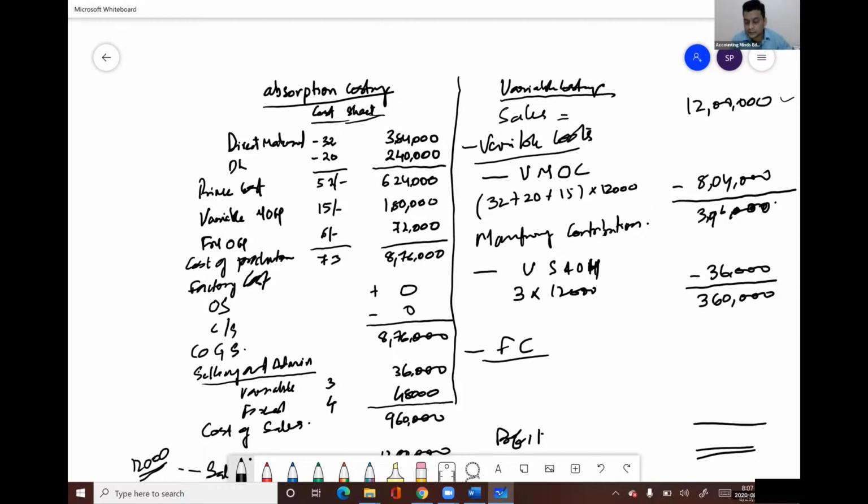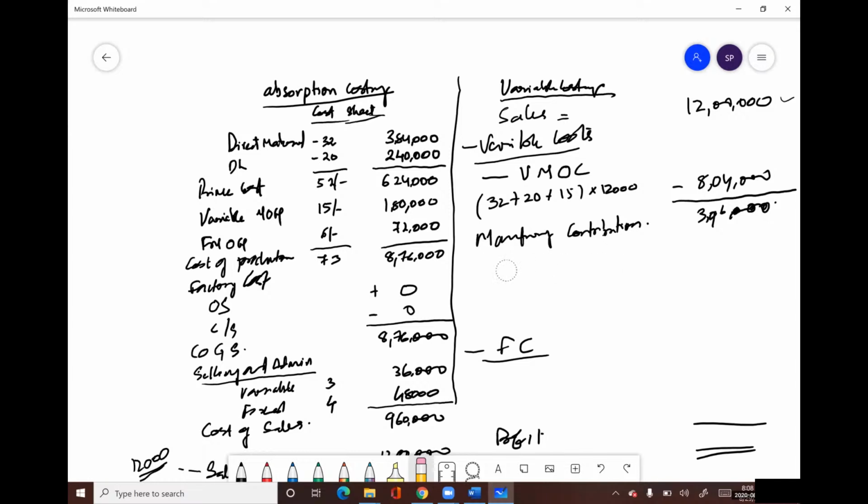Are you getting it? Just hold on one second. After manufacturing contribution, you will put opening stock plus 0, closing stock minus 0.